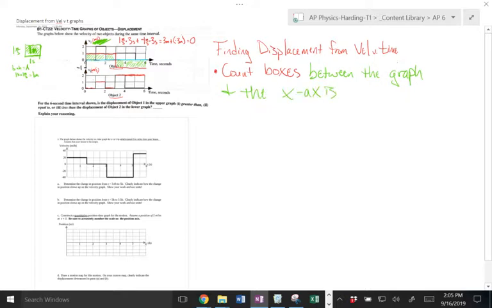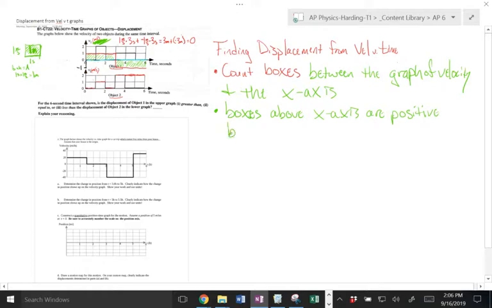What's a better way to state that? Between the line and the x-axis, between the curve and the x-axis. Graph of velocity and the x-axis. Boxes above the x-axis are positive. Boxes below the x-axis are negative.